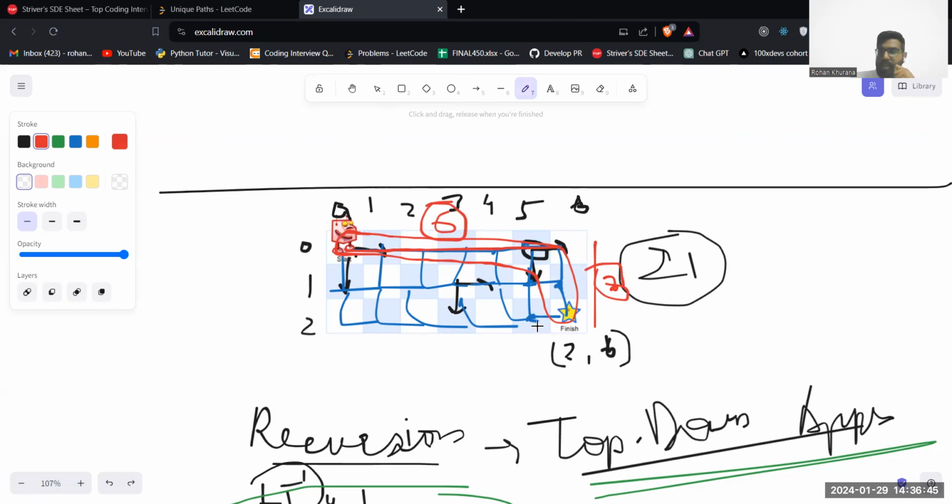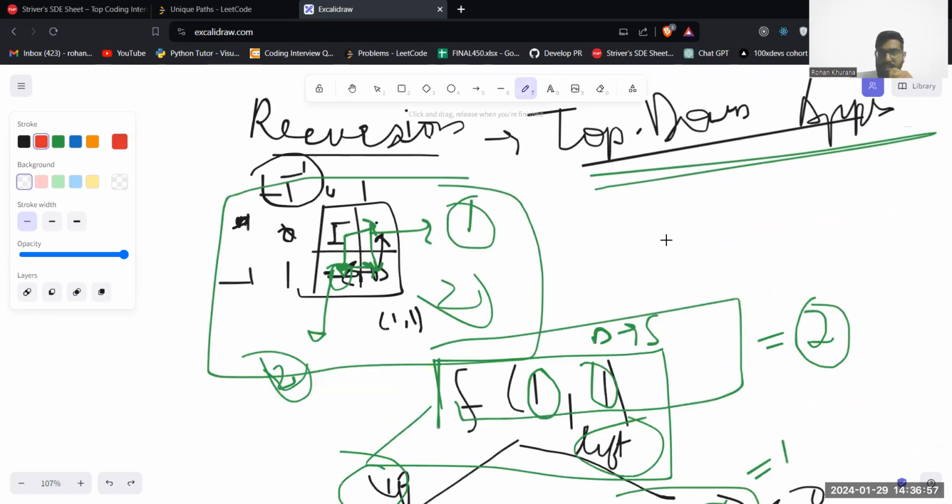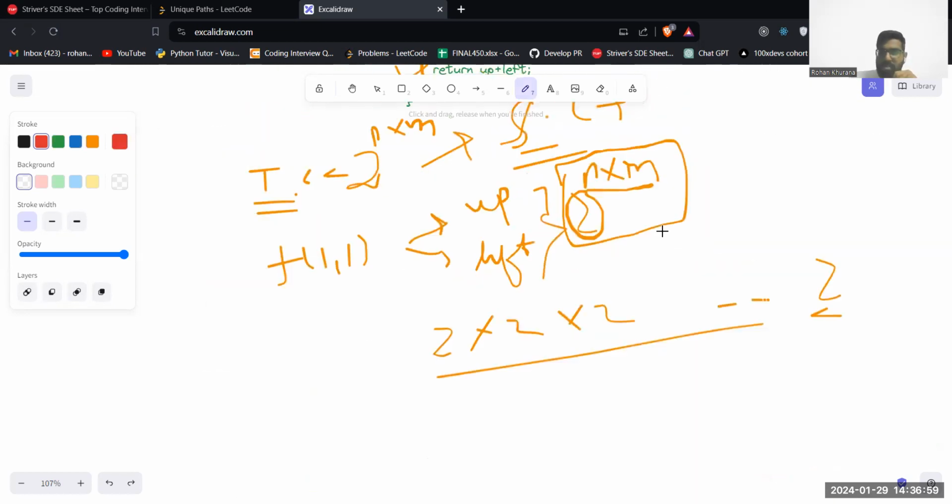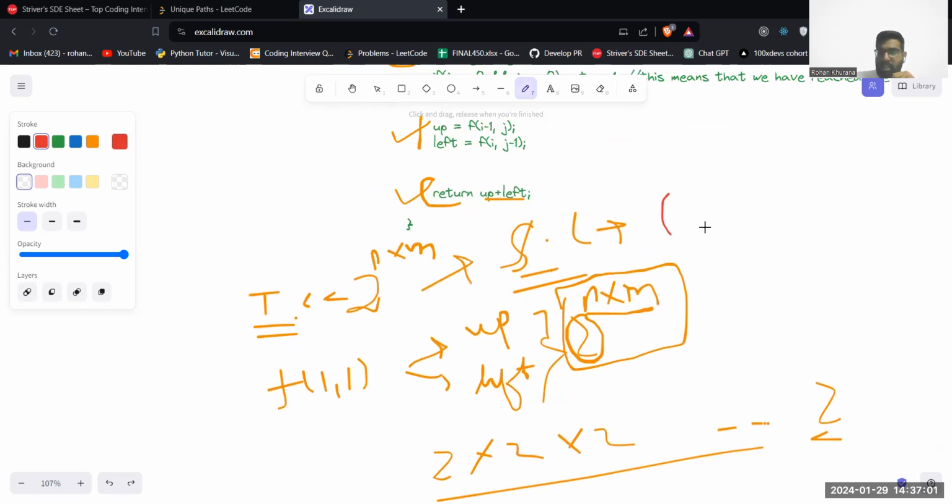Similarly, for everything you will notice that for going up, you will take only two steps, and for going right, you will go six steps. So simply, space complexity is nothing but O of (m minus 1) plus (n minus 1).